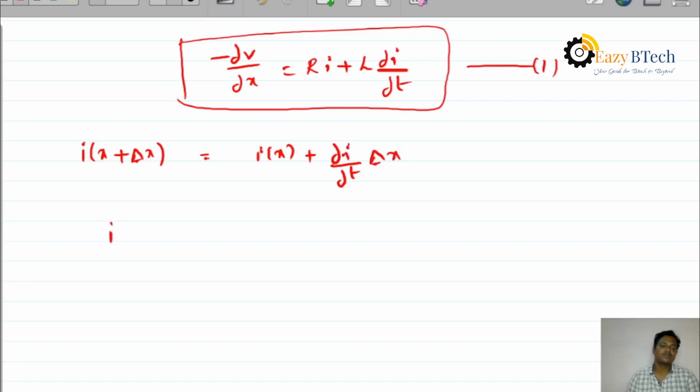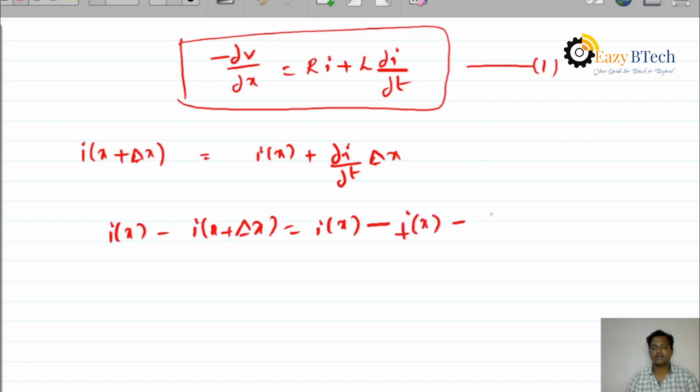The difference between I of x and I of x plus delta x equals I of x minus I of x minus dou I by dou x into delta x. I of x gets cancelled. Finally, you get dou I by dou x into delta x.